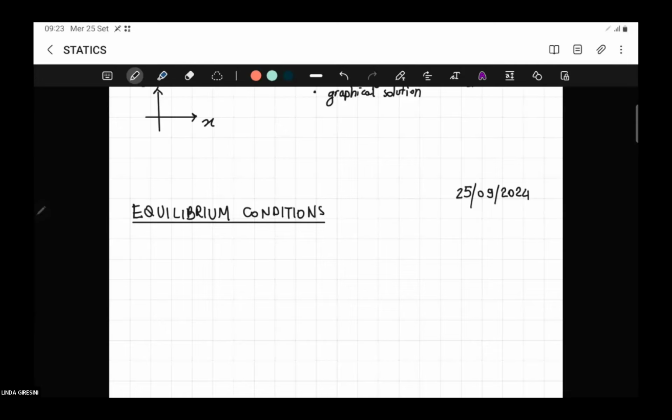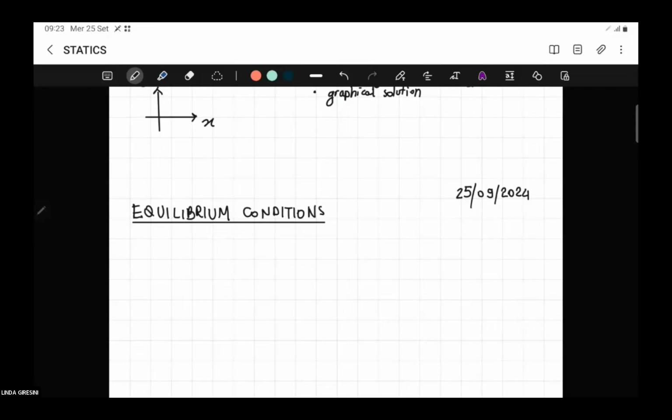We said also that a force vector is fully defined once the magnitude, direction, and point of application are defined. So today we will extend this concept to equilibrium conditions.